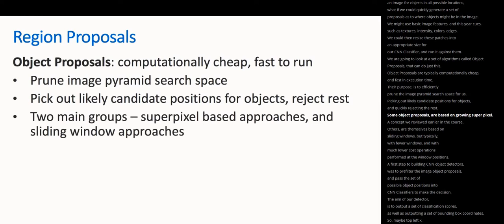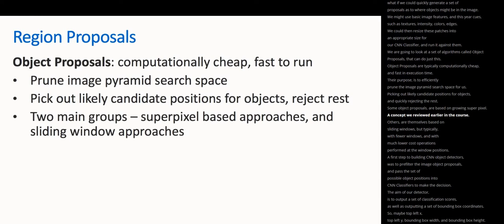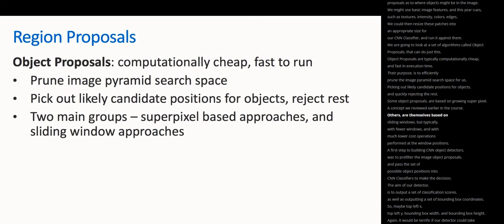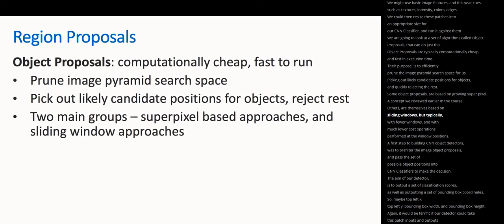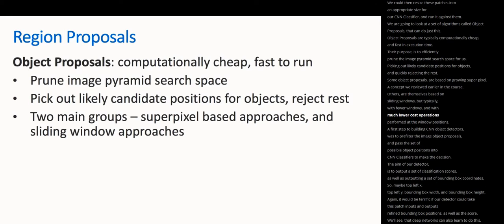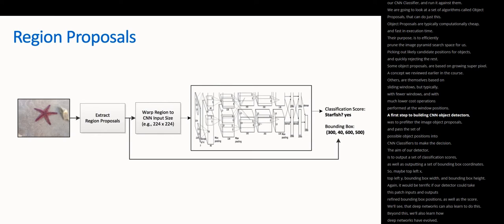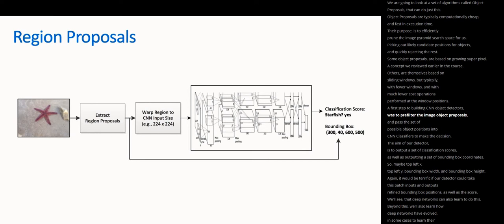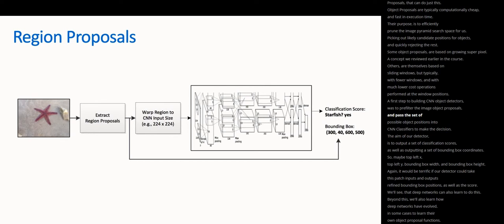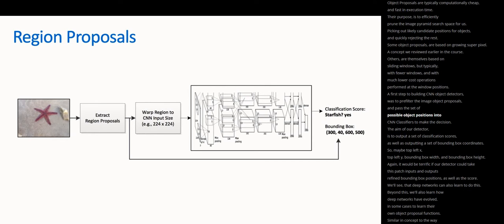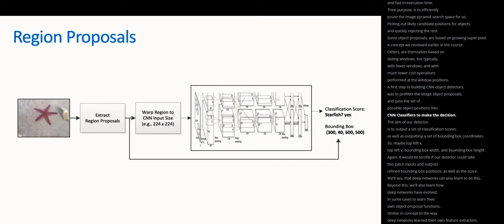Some object proposals are based on growing superpixels, a concept we reviewed earlier in the course. Others are themselves based on sliding windows, but typically with fewer windows and with much lower cost operations performed at the window positions. A first step to building CNN object detectors was to pre-filter the image with object proposals and pass the set of possible object positions into CNN classifiers to make the decision.